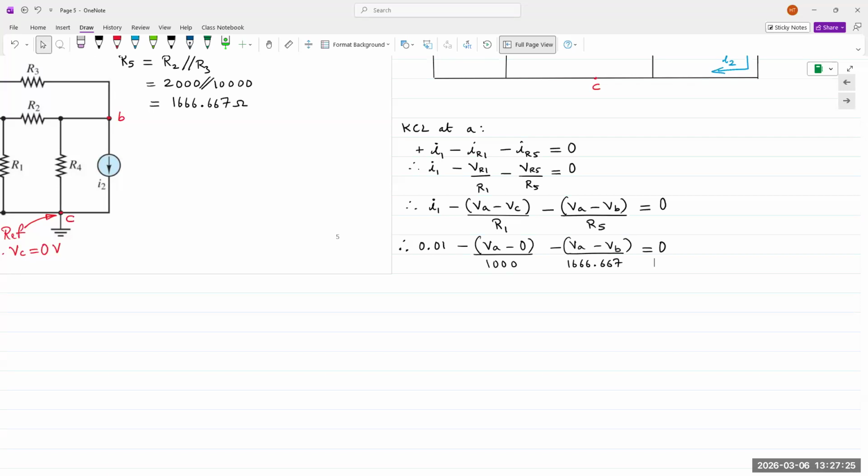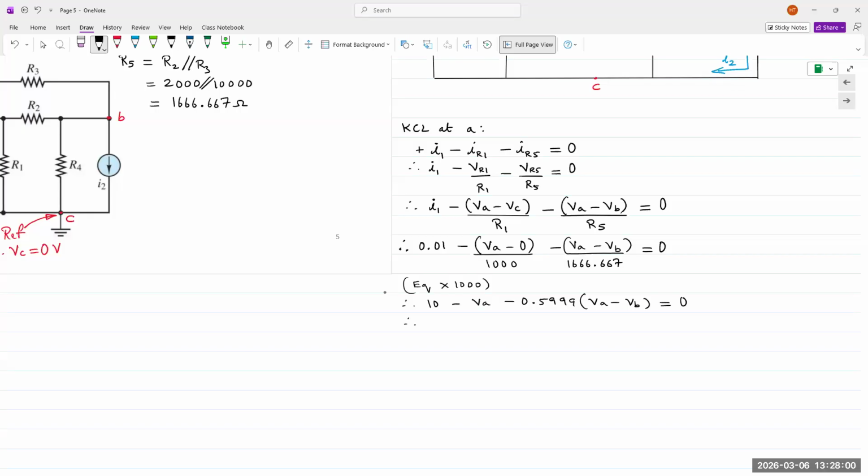Now I want to reduce this and get it in the form of AX plus BY is equal to C. And so I'm going to take this equation, multiply it throughout by 1000. So I obtain 10 minus VA minus 0.5999 times VA minus VB equals 0.